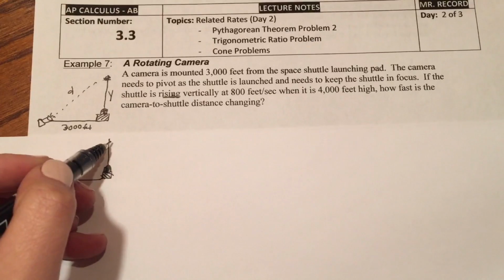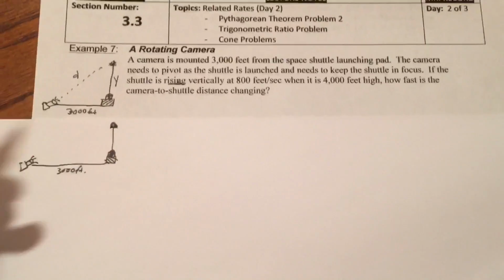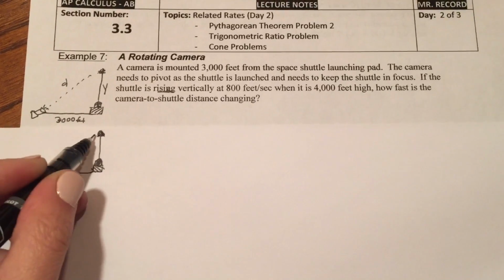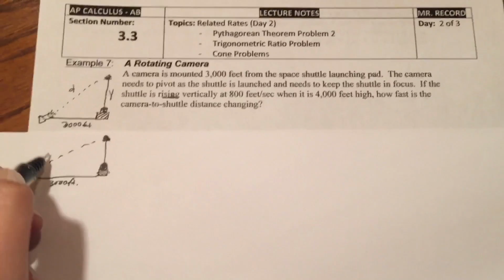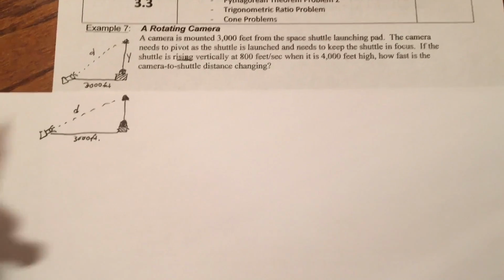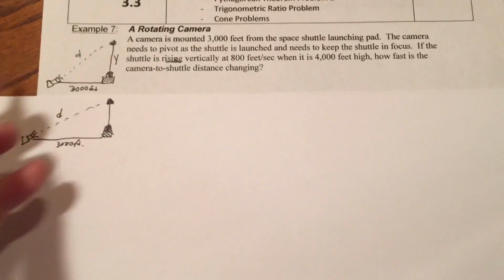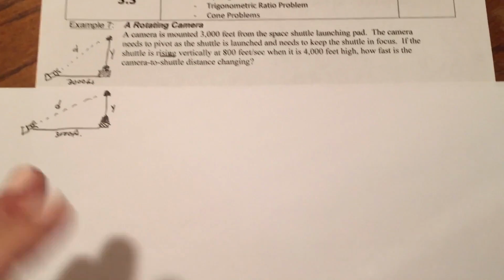Well, as the shuttle rises, eventually it's going to be somewhere up here. And then the camera to shuttle distance is going to be this right here, that D. I'm going to call it D. I don't care what variables you use. It doesn't matter, so I'm just going to use Y for this height.